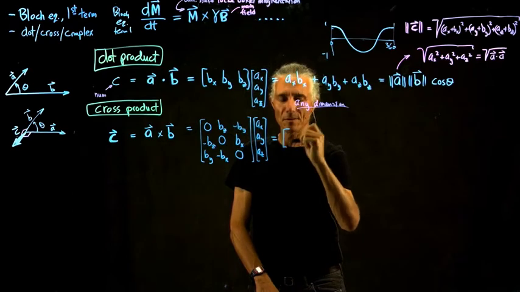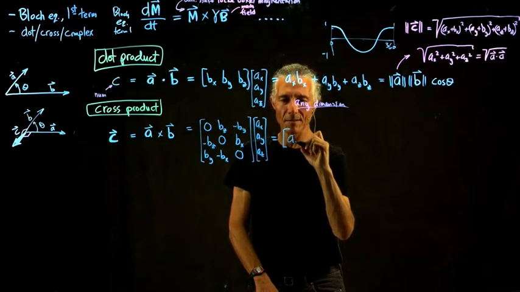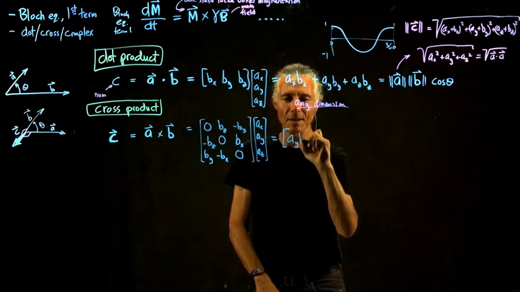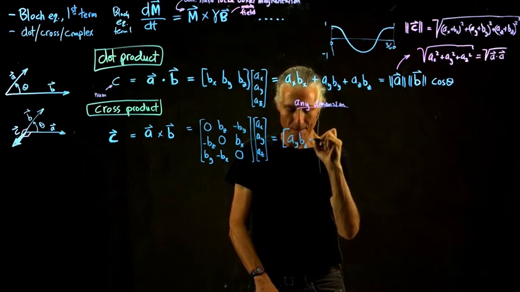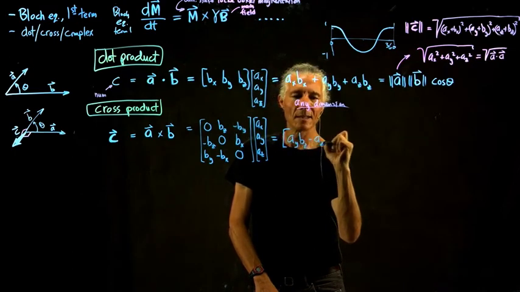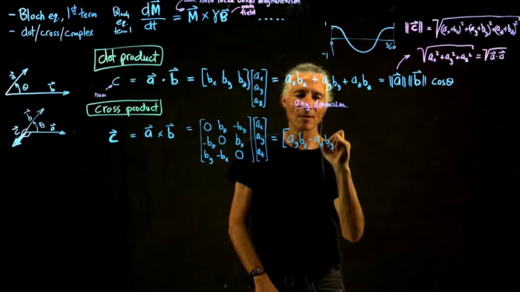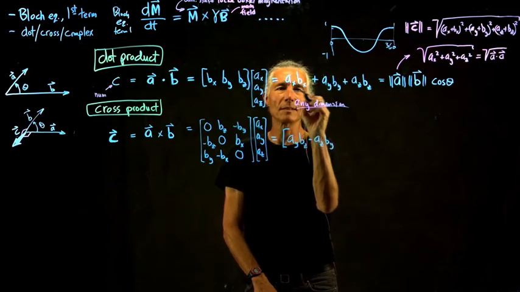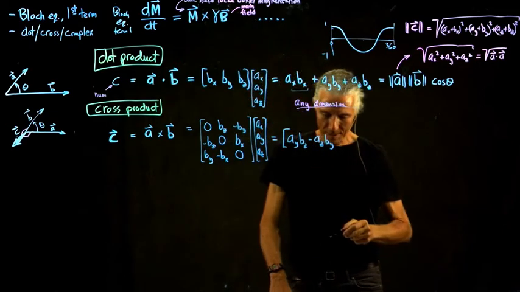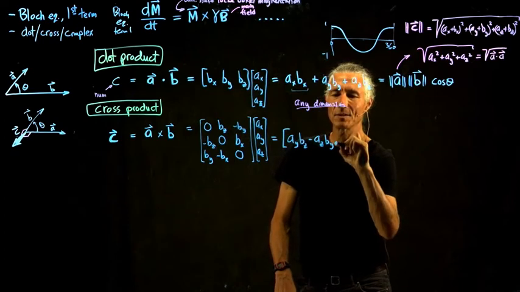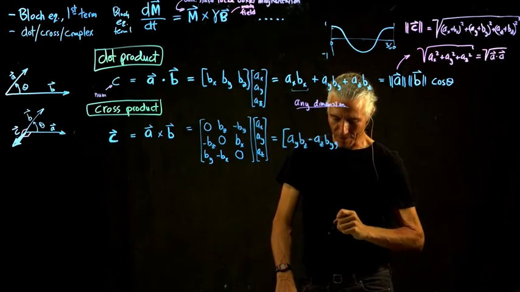So here's the vector. So it's got ay bz minus az by. So now we're mixing coordinates. Here we were using the same coordinates, but now we're systematically mixing them. That's the x component of the vector.